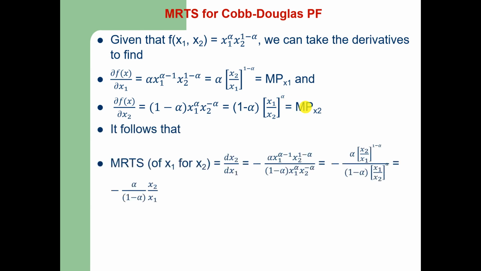It follows that the marginal rate of technical substitution is equal to this statement, which is the ratio of the marginal product of labor divided by the marginal product of capital, and if we simplify this, then finally we have alpha divided by 1 minus alpha, which is constant, times the ratio of x2 to x1.